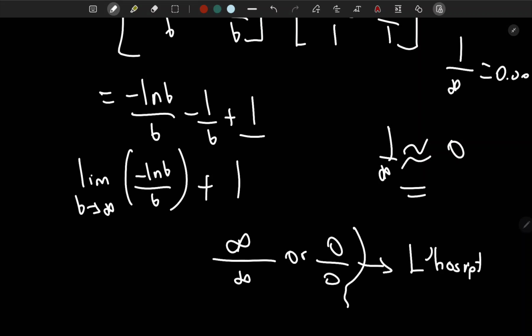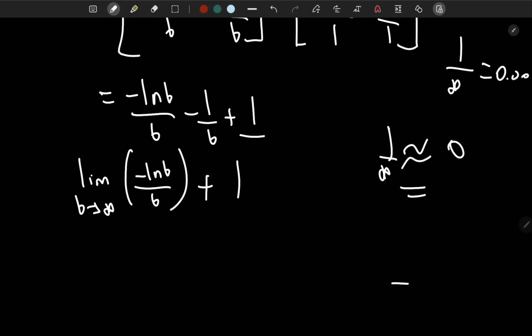I don't know if I'm spelling it right. So whenever we have infinity over infinity, or 0 over 0, or minus infinity over infinity, or something like that, we need to use L'Hopital's rule. And that is simply that we take the limit and we differentiate the numerator and the denominator.